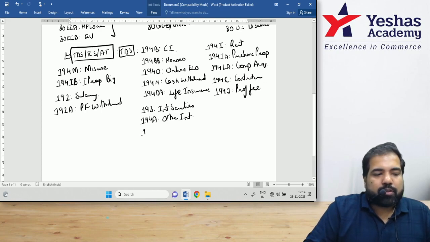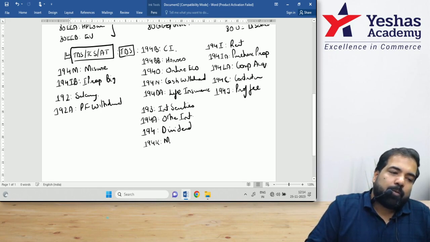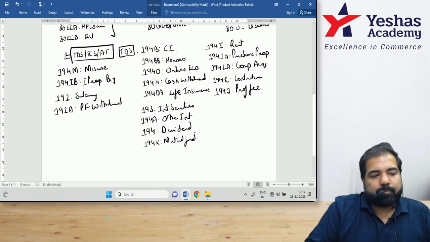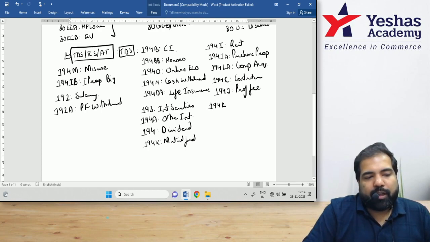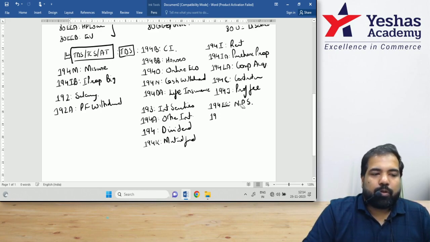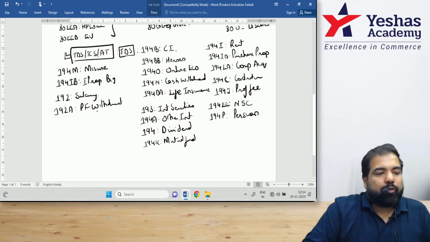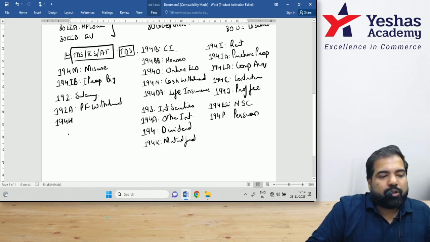This is other interest. 194 very common, as you saw, dividend. 194K mutual fund. 194EE NPS, National Saving Certificates. 194P, yes, we forgot those three. 194H, D, and G. This is all commission.